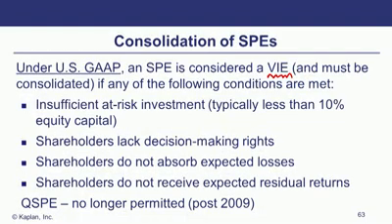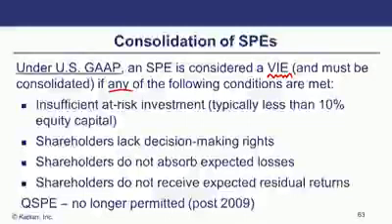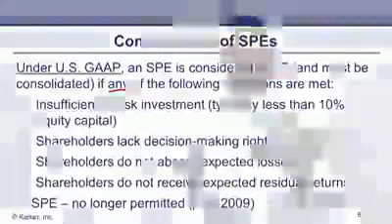So let's have a look at the definition and notice it is if any of the following conditions are met. First of all, insufficient at-risk investment, typically less than 10% of equity capital. What do they mean here? What they do is they look at the equity or stockholders' equity in the special purpose vehicle and compare it to the assets.